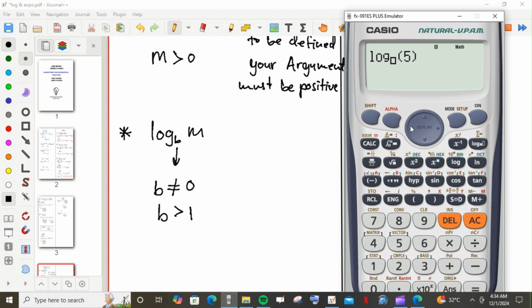Let's say the argument is 5. Now the base. Let's make the base 0 and see what the calculator will tell us. Math error. What about if I make the base 1? Can it solve it for me? Math error. Someone will say maybe it's because of the argument. Let's change the number. It's still math error.